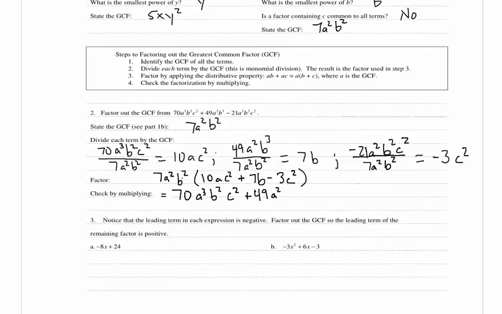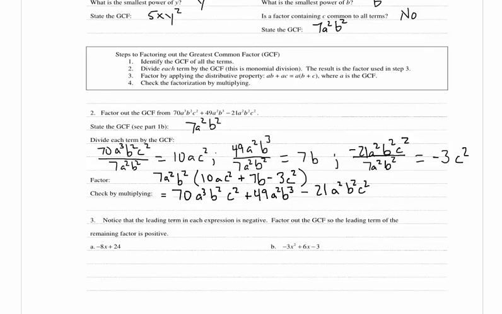Now we have b squared times b is b cubed minus, we have 7 times 3 is 21, and we have a squared, b squared, c squared. So you can see that after we factored, when we multiplied it back out, we got back to the same polynomial that we started with.